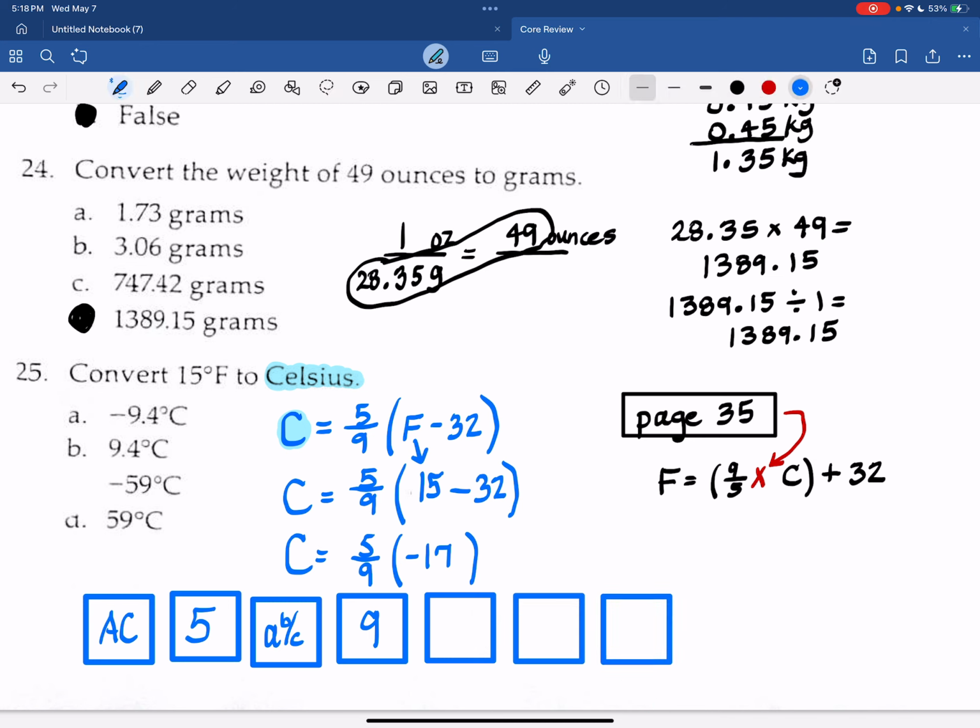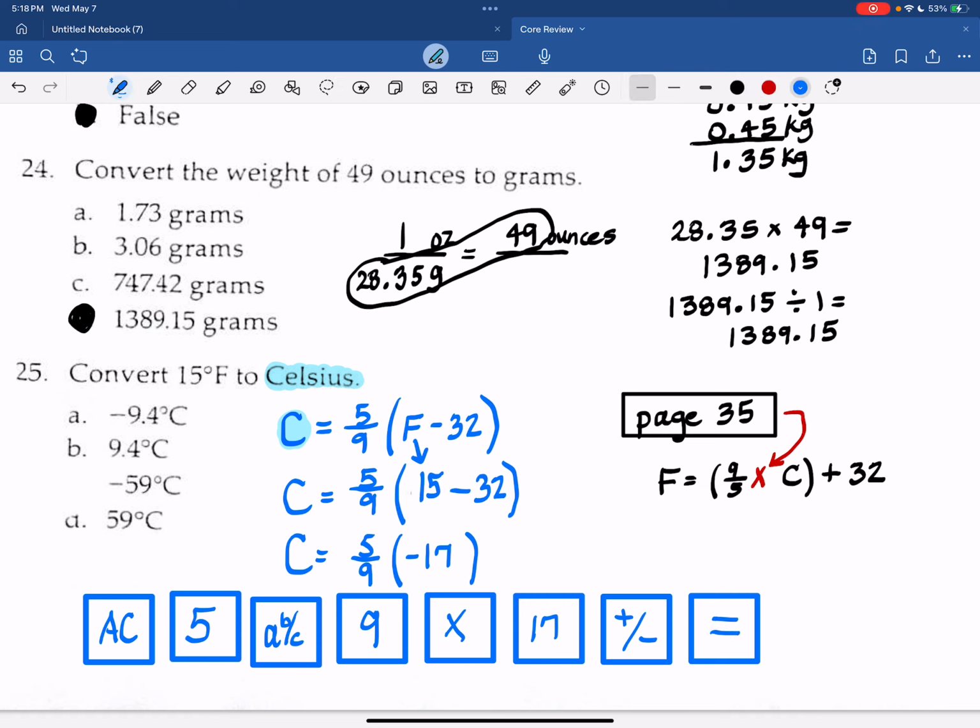Times, you have to tell it that you want it to multiply. 17 plus minus, and that key is right above the 7. And remember always, your last button on the Casio should be an equals.